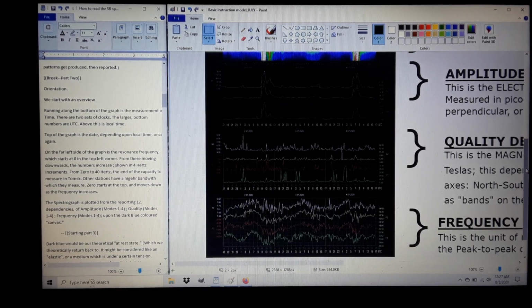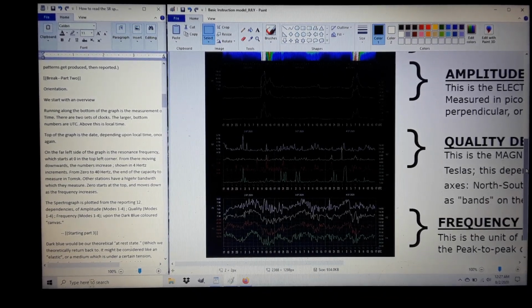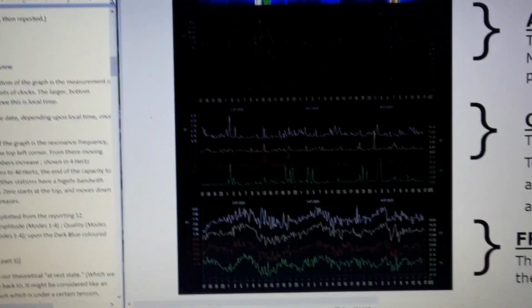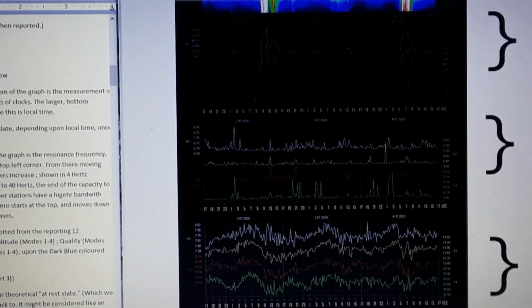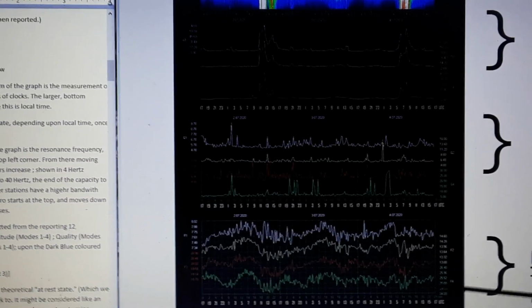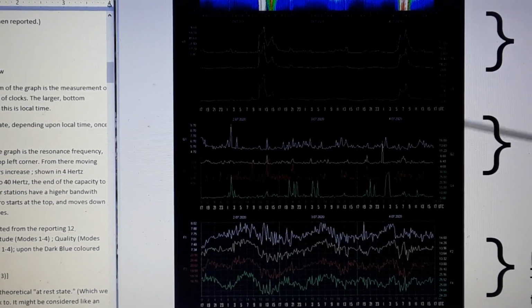The little tiny one on top is the local time. Zoom in so you can see this. All right. So you see local time here, local time there, local time there. On the bottom is UTC.